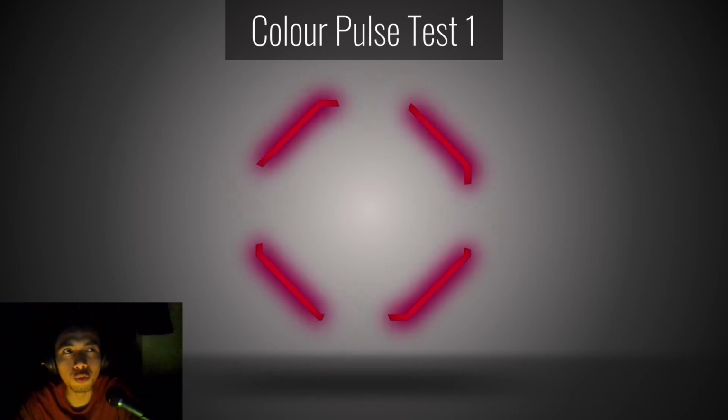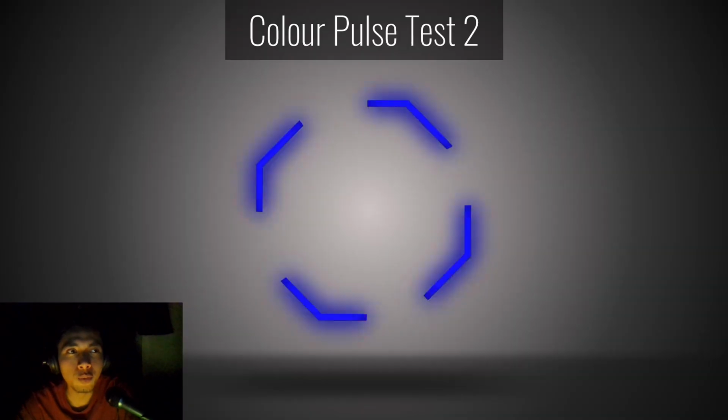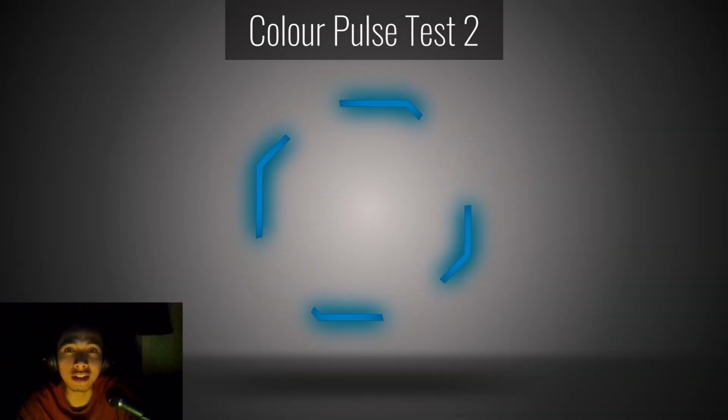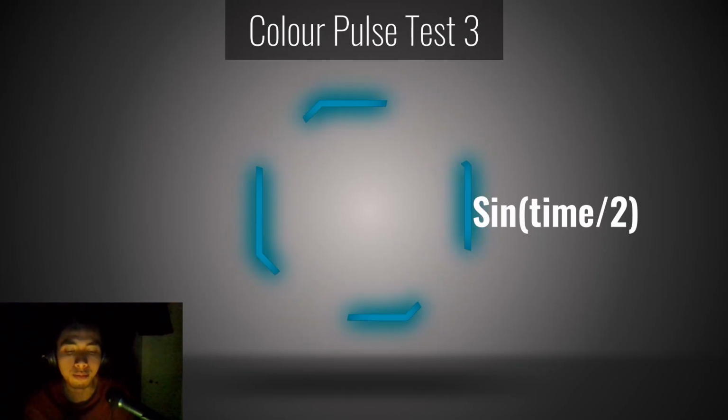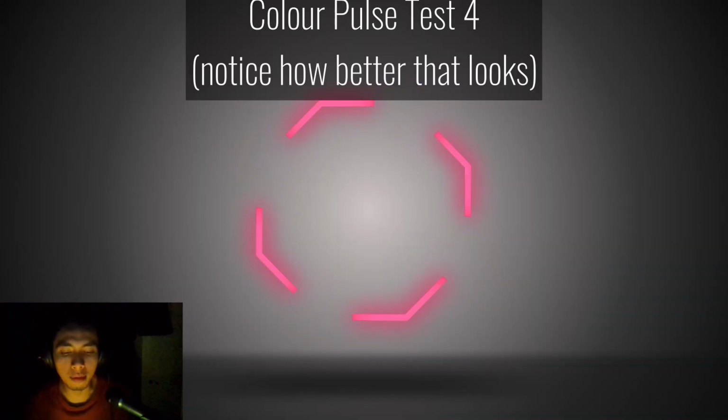In order to elongate the duration of the period, we need to lengthen it by, in this case, dividing by 2, which did work. It did become longer, as you can see in test 2 or test 3, but it's not long enough.